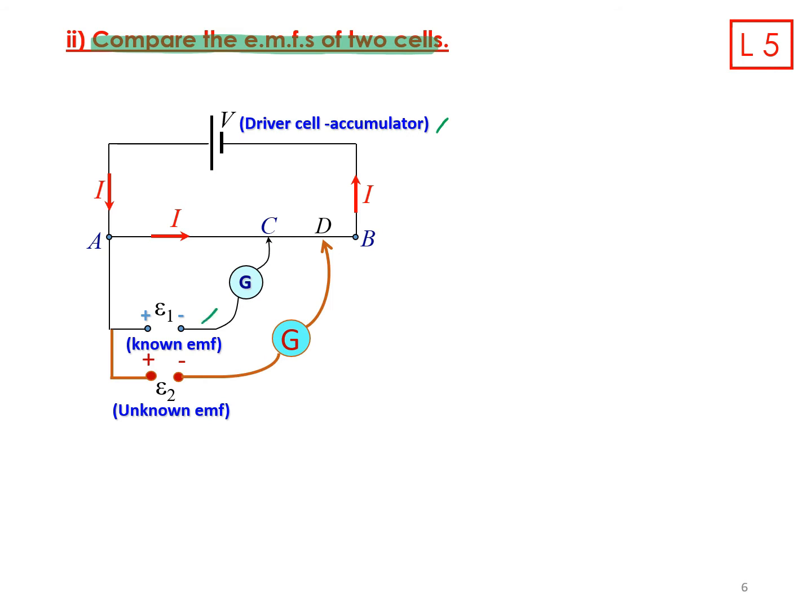You know the value of that EMF1, and EMF2 is the unknown EMF, which means you need to find it. As usual, you will have the wire AB of 100 centimeters, and of course we have two balance lengths, at point C and also at point D, because you have two EMFs right here, EMF1 and also EMF2.